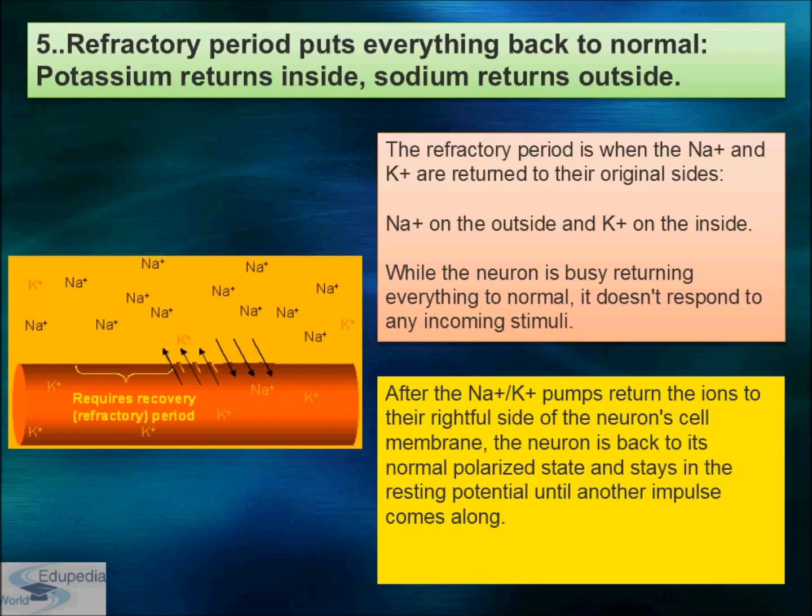The neuron is back to its normal polarized state and stays in the resting potential until another impulse comes along. And what is the second step of the nerve impulse? That is resting potential. So it remains in the resting potential until another impulse comes along, and then the whole chain of events of transmission of the nerve impulse takes place again, or you can say that this cycle goes on and on.